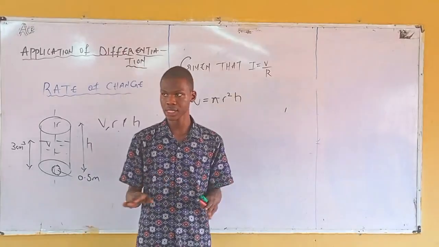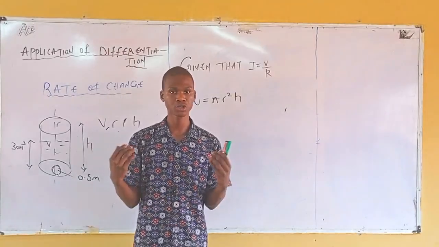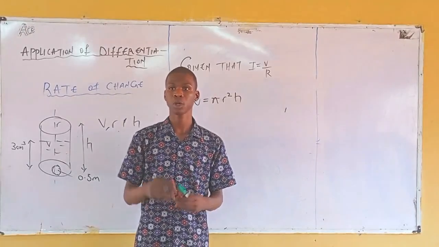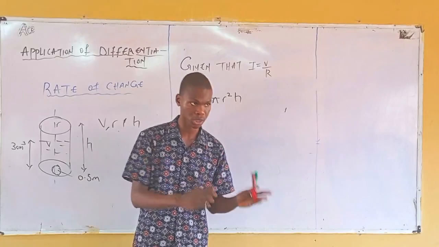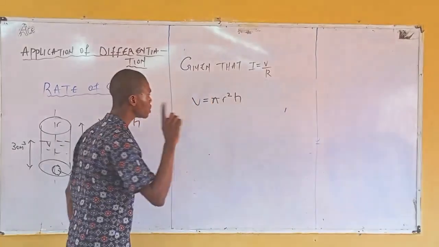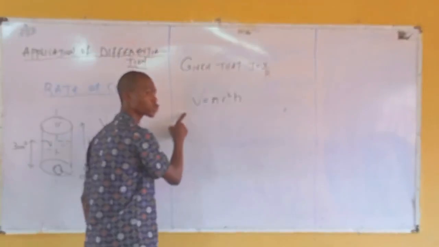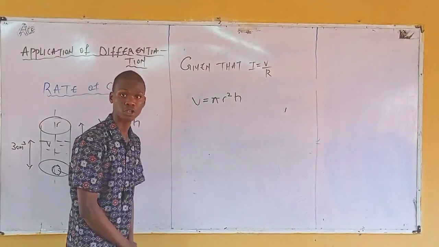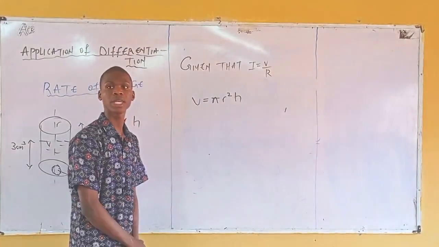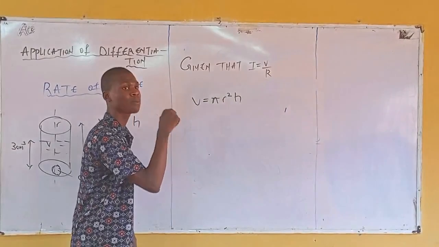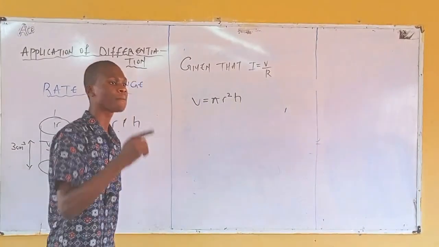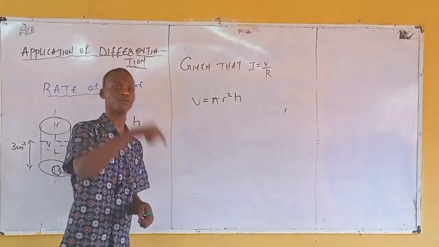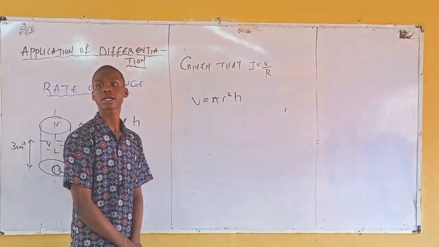Now, you are getting there. What we want to do now is use the concept of partial differentiation. We've seen how partial differentiation works, right? You agree with me that this V is a function of R and H. Meaning, if you are to determine the derivative, it becomes the partial derivative of V with respect to R and the partial derivative of V with respect to H. Can you see how it works?